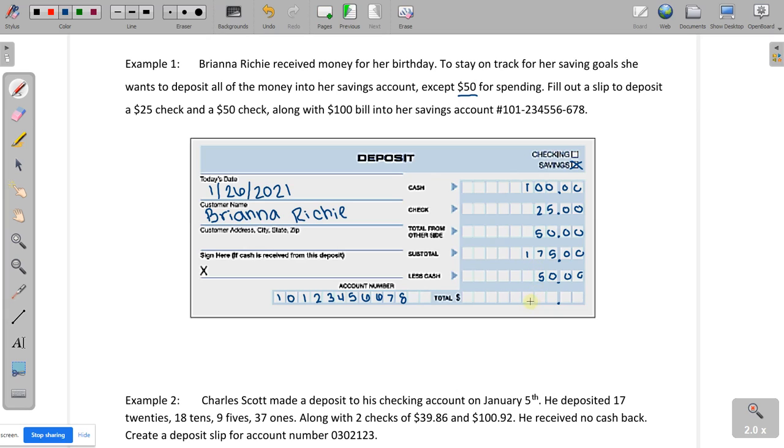So 175 minus 50 is $125 going into her savings account. Since we are getting cash back, we have to sign. So we're going to sign, and then you would end up giving your deposit slip to the bank teller with your cash and your checks.